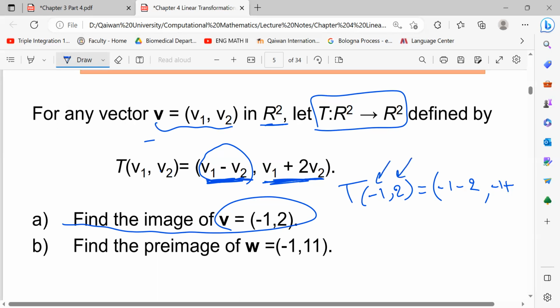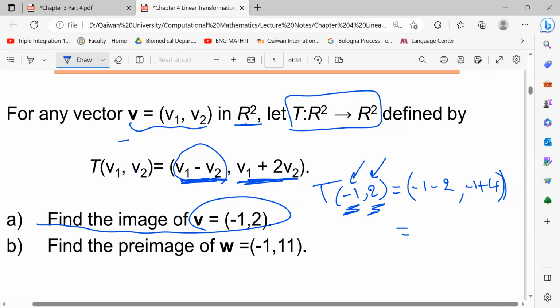Now we simplify this. This equals negative 1 minus 2, which is negative 3, and negative 1 plus 4, which is 3. So this is the image of this vector.